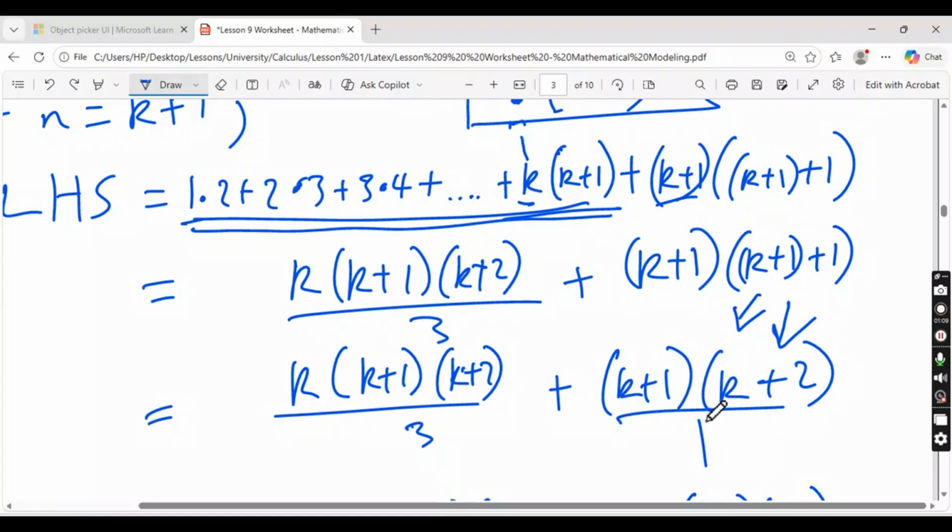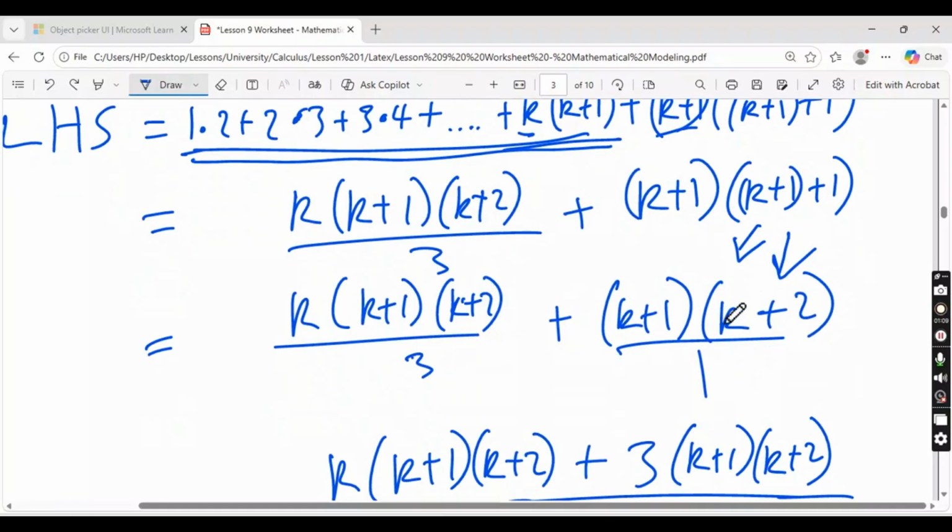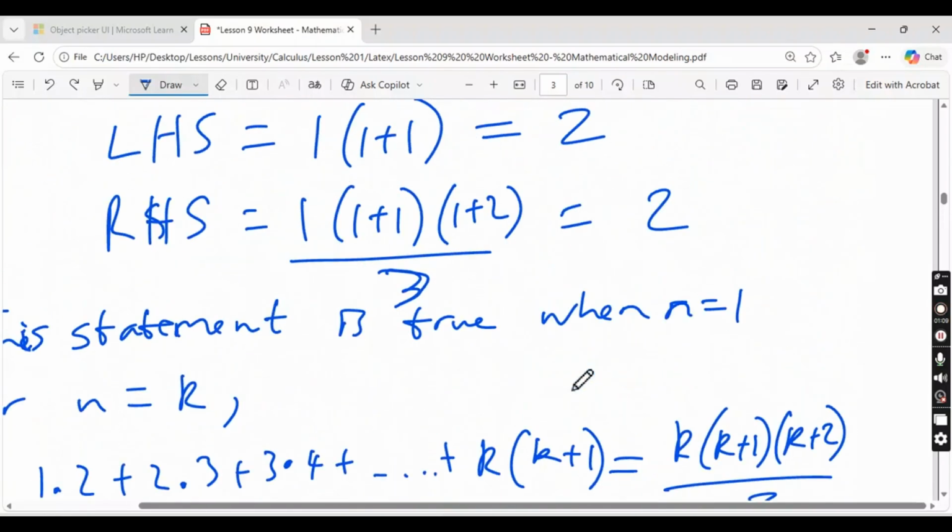That would be your first instinct. But here in this mathematical induction, we shouldn't always go that route. We have to make sure we check, is there anything that I can factor out.